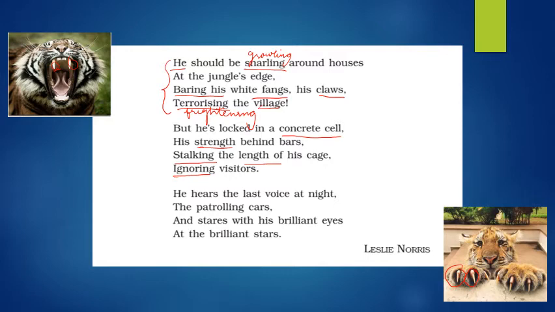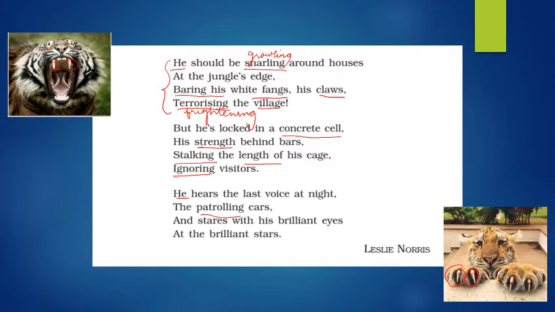Let's see the last stanza. He hears the lost voice at night, the patrolling cars, and stares with his brilliant eyes at the brilliant stars. The tiger hears a lost voice. He hears a voice late at night from the people in the patrolling cars.